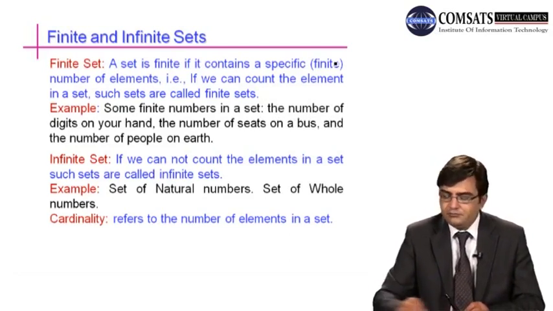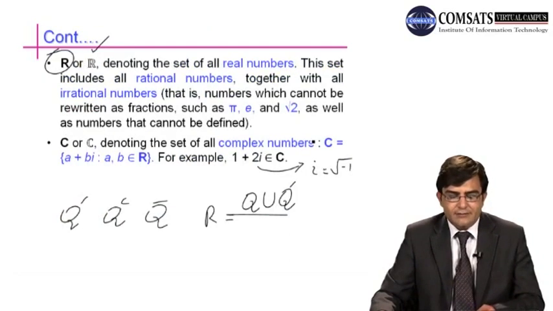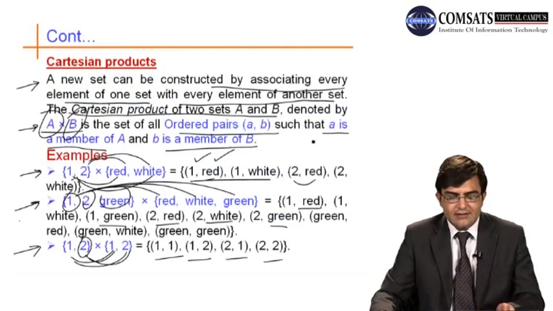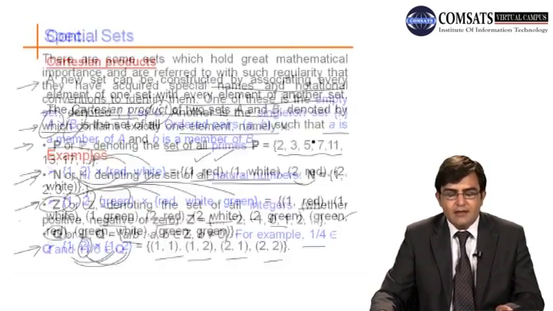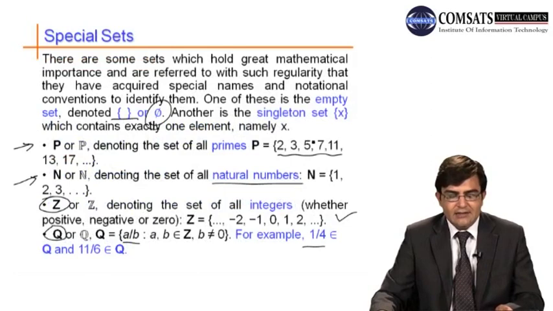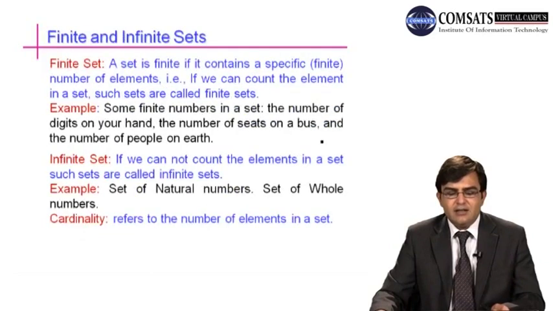For example, we have studied sets in this slide. The set 1, 2 is a finite set, whereas the set of prime numbers is an infinite set, the set of natural numbers is an infinite set, and Z, the integers, is also an infinite set. So these are all infinite sets.